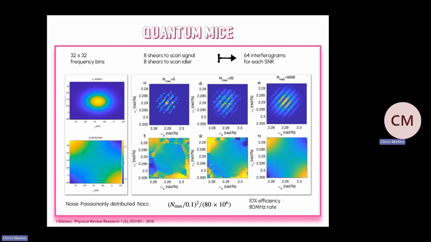But there is a plus. If you look here, you have different signal counts. So this indicates the maximum number of counts per beam that you have. And even when you have a maximum 5 counts per beam, including accidental counts, where you have some intensity, your phase is perfectly reconstructed.